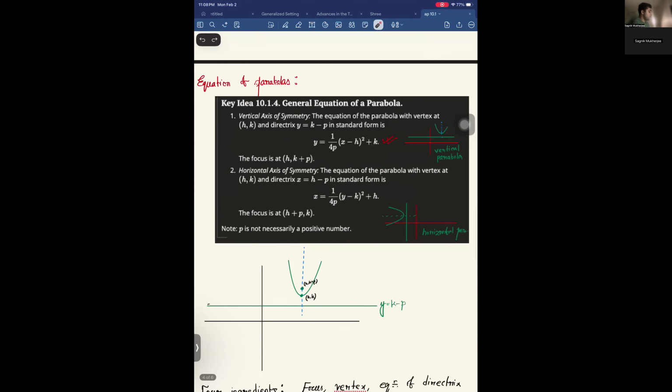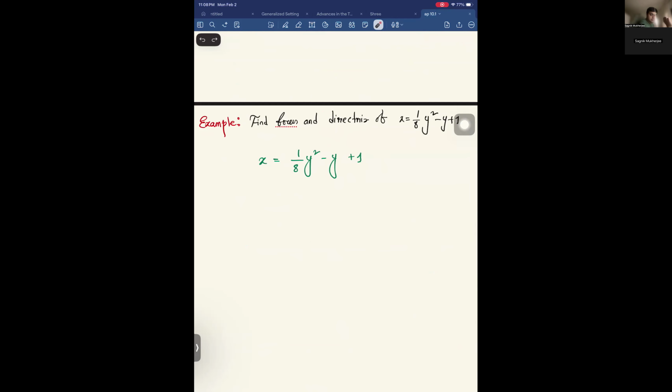Whenever you see a quadratic expression in y, know that the parabola is horizontal. On the other hand, if the quadratic expression is in x, the parabola is vertical. So here, the quadratic expression is in y, so the parabola is horizontal.